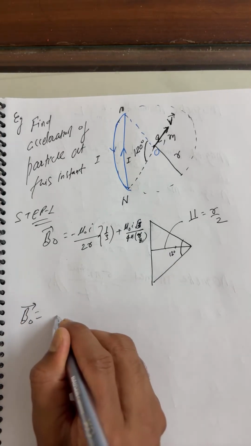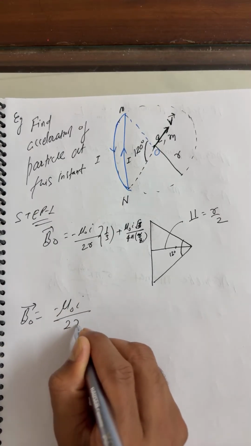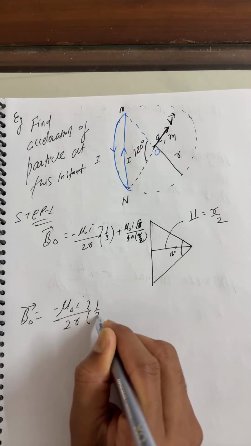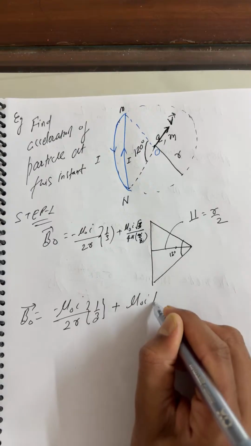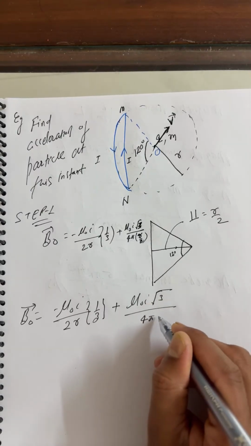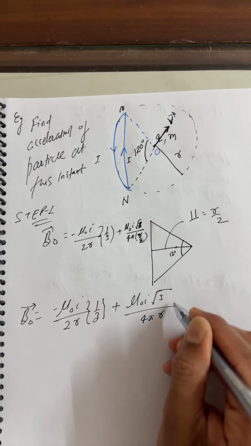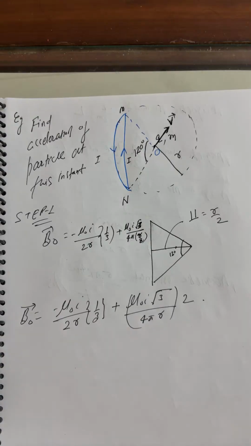So the magnetic field at O is minus mu naught into I by 2R into 1 by 3, plus mu naught into I root 3 by 4 pi R by 2. Right, student? Okay. So I can take it common from here.